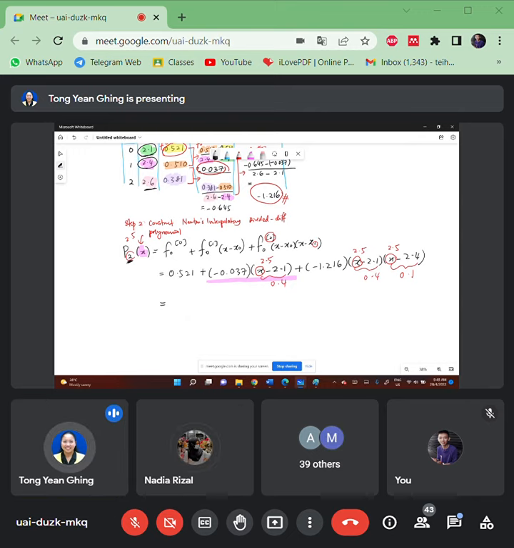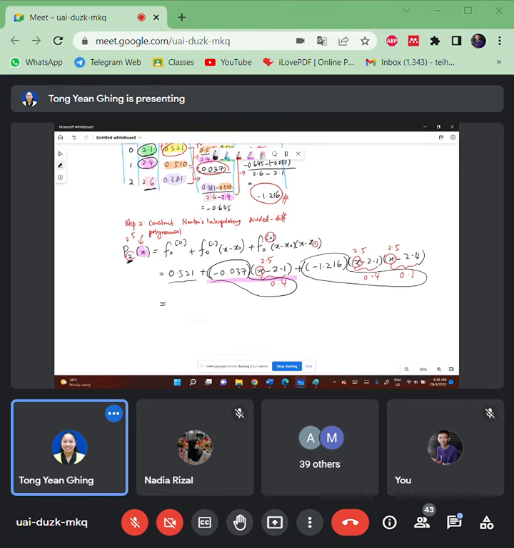Awak kira mana dah? Terus jawapan lah. Jawapan semua ke? 0.521 tambah dengan negatif yang ni darab dengan 0.4. Yang ni darab dengan ni. This is P2.